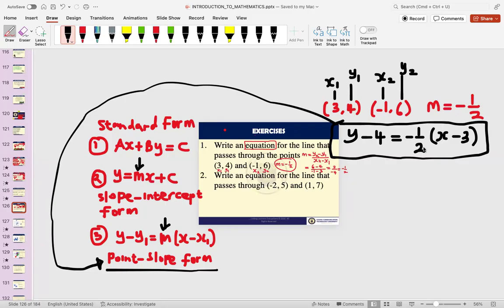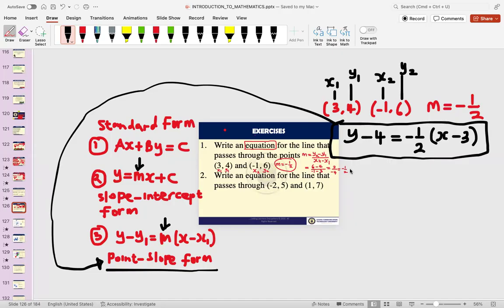So let's see how we change this one. So the first thing you do is that we need to get rid of these two, because if you look at the slope intercept form, there is no number dividing. No number is dividing here.